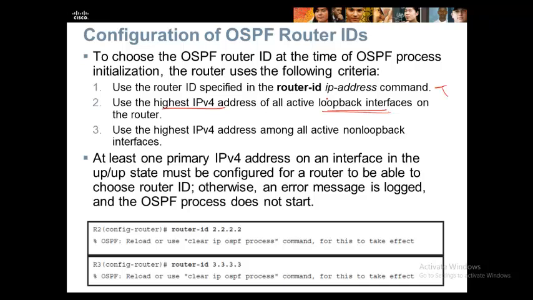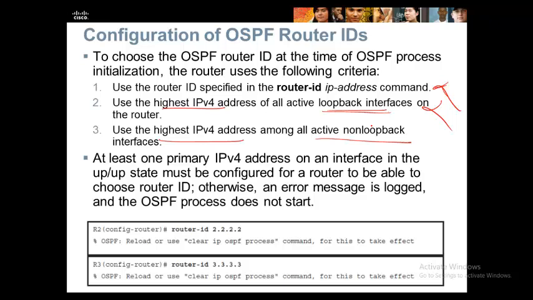Thirdly, if there is no loopback interface, then it is going to take the highest IP address from any other interface other than loopback. The other interface can be Ethernet, FastEthernet, fiber, GigabitEthernet or 10 gig, whatever it can be. It will take the IP address from that interface.